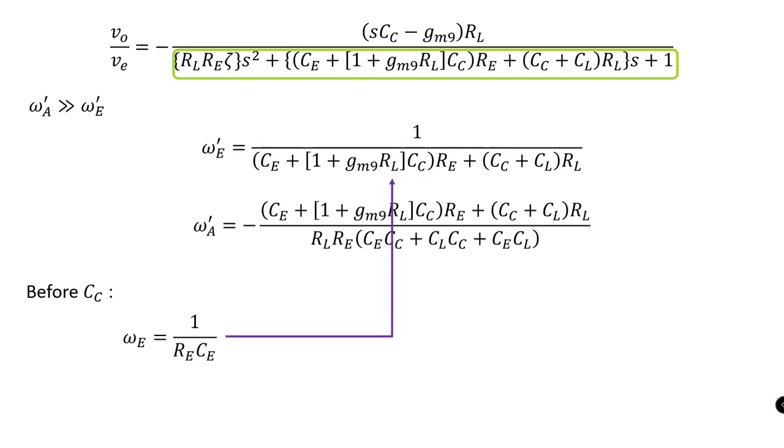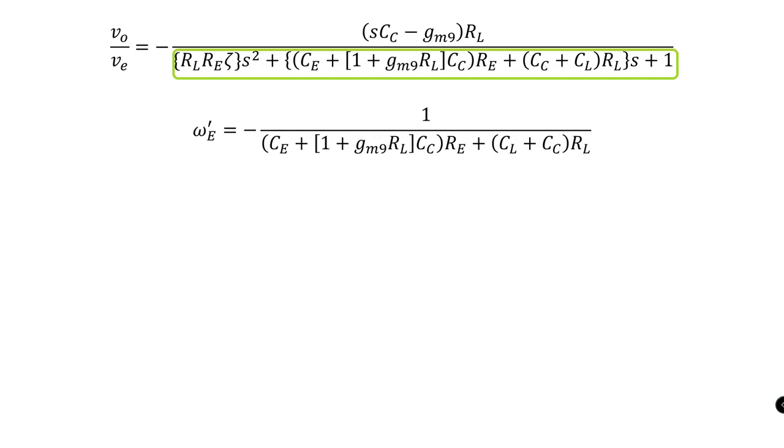You could certainly note that there is a difference in the expression that we derived for the dominant pole before and after the placement of the Miller capacitance. But also note, not just the dominant pole, but even the non-dominant pole expression has changed. Due to this, let us study the behavior of both these poles with respect to the Miller capacitance.